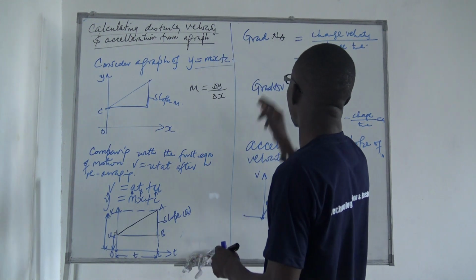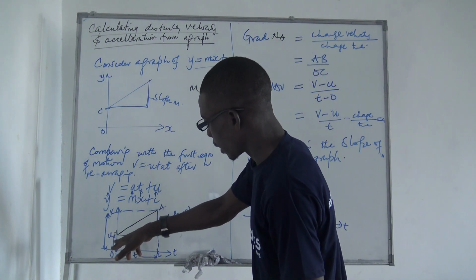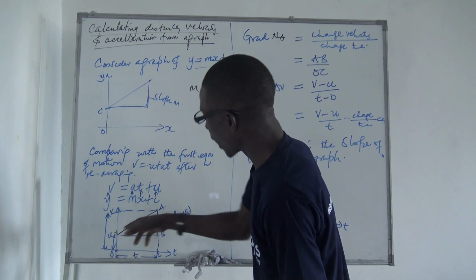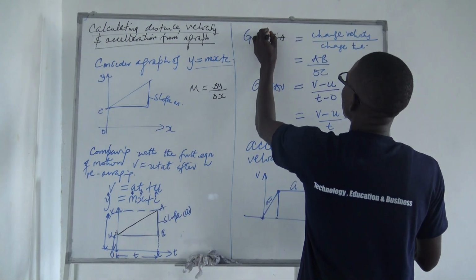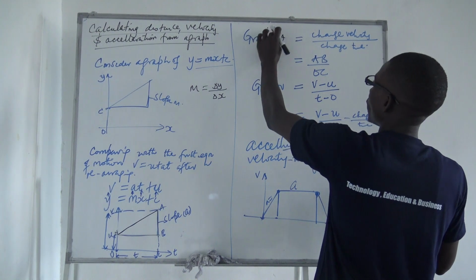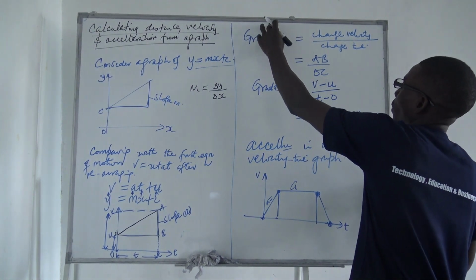So what is the gradient of NA? What is the gradient of NA? The gradient of line NA. Grad of line NA. But even if you leave it like that, it will be understood.